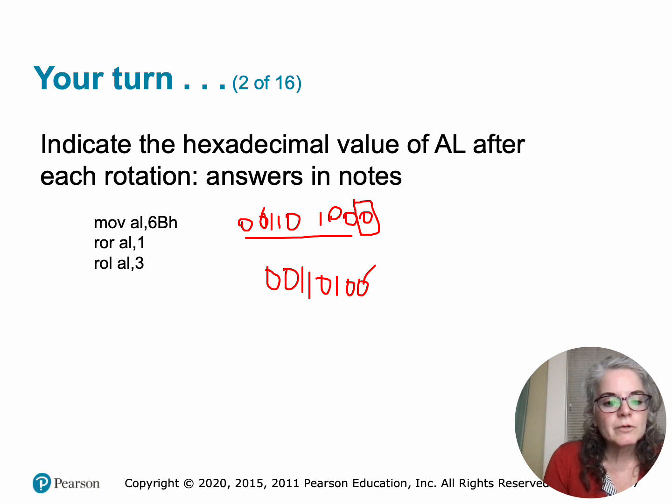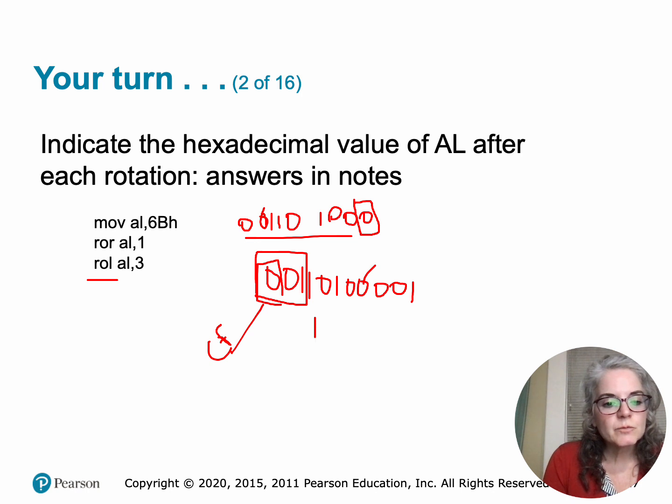Okay, so I'm going to rotate to the left, not the right, because it's ROL. So 3 to the left, same thing. And I'm going to put those here at the end. Those 3 bits, 0, 1, and then this most significant bit will be my carry flag.